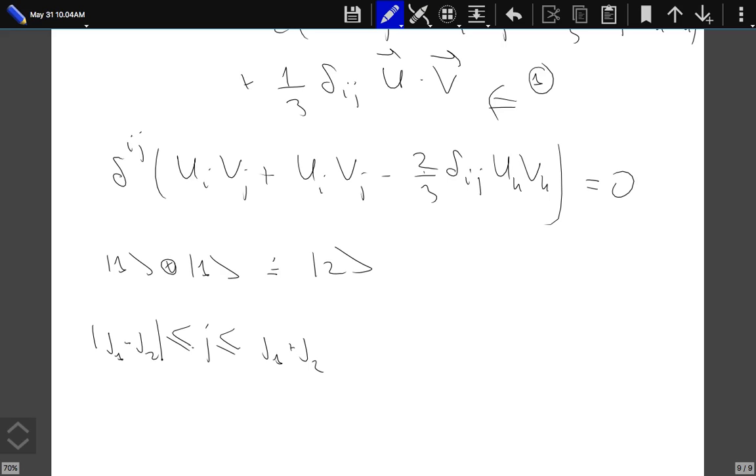So if we have J equal to 1, another system with J equal to 1, when we put them together, we can obtain total J equal to 2, or total J equal to 1, total J equal to 0. Well, a state that has a total J equal to 2 has 5 different states. A system that has a total J equal to 1, we have 3 different states, and a system that has a total J equal to 0 has just a single state. 5, 3, 1.